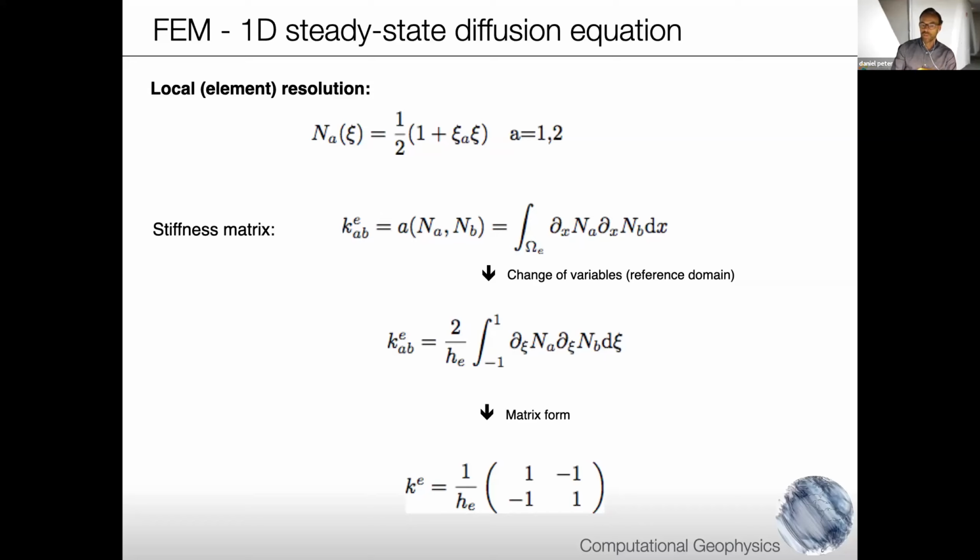And so we can easily evaluate what these integrals are for these linear shape functions between -1 and 1, and have then the matrix form written at the bottom here, where the element information is now within the element size, basically. That's the only thing that differs from one element to another.